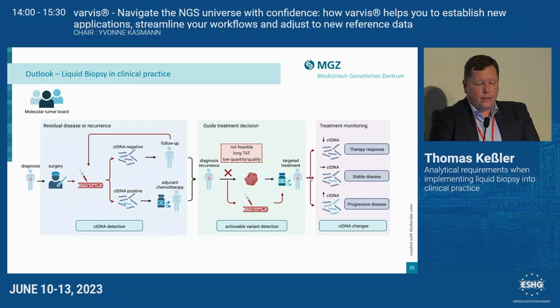And on the other hand, if you are already treating the patient with a targeted approach, you may monitor the treatment success and identify progressive disease, or probably also variants that are associated with resistance to a certain therapy.